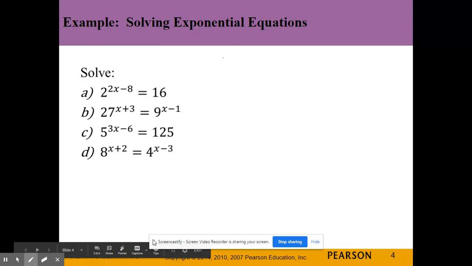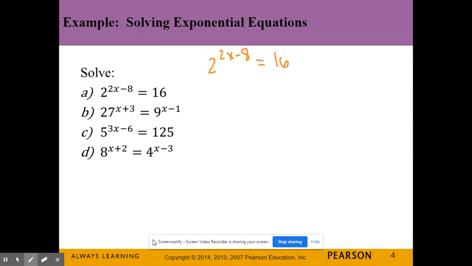All right, so let's start with part A. 2 raised to the power of 2x minus 8 is equal to 16. I need that 2 and that 16 to be the same. So what I'm going to do is rewrite 16 as 2 to the 4th power, because 2 to the 4th power equals 16, and then the bases are the same 2's.